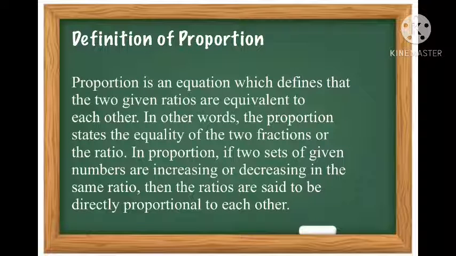In proportion, if two sets of given numbers are increasing or decreasing in the same ratio, then the ratios are said to be directly proportional to each other.